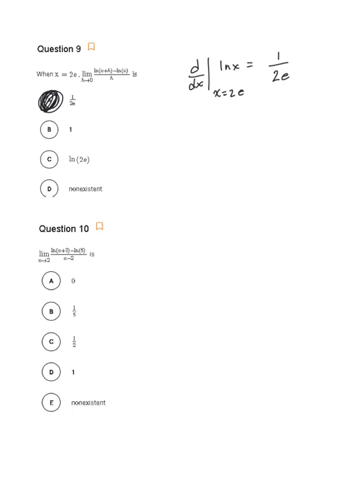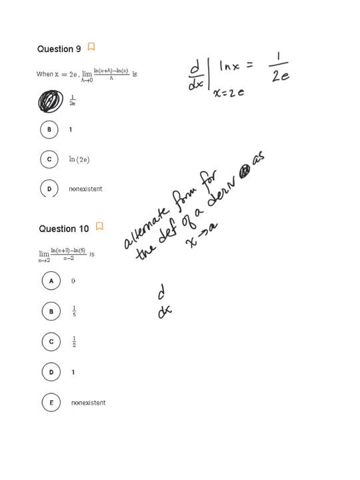It's called the alternate form for the definition of a derivative as x approaches a, where a is 2 here. So we want to know the derivative at x equals 2 of ln x, and that would just be 1 over 2. Okay, you can see these two questions are similar, but they're worded very differently.